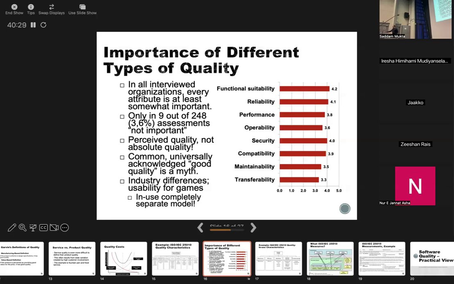Without it, even if I am improving appropriateness or compatibility or interoperability, if it lacks the functional requirement, it will definitely fail first. So it has a high weight to measure software quality, followed by reliability, operability, security, compatibility, maturity, and transferability. Transferability is kind of your portability. These are the ratings.